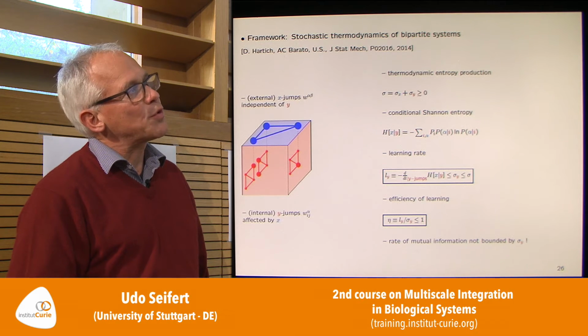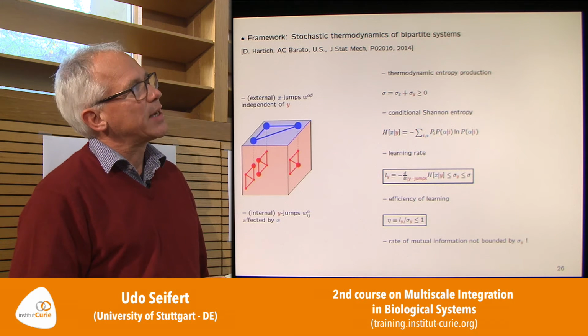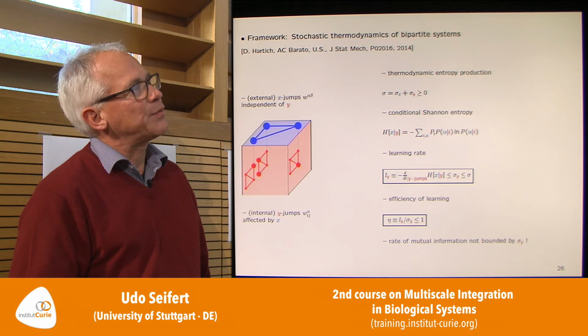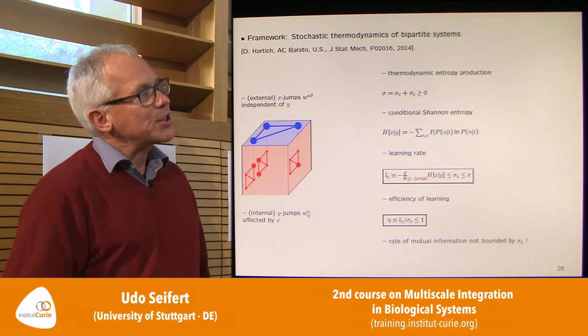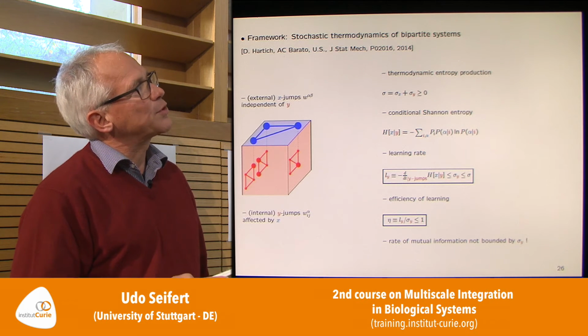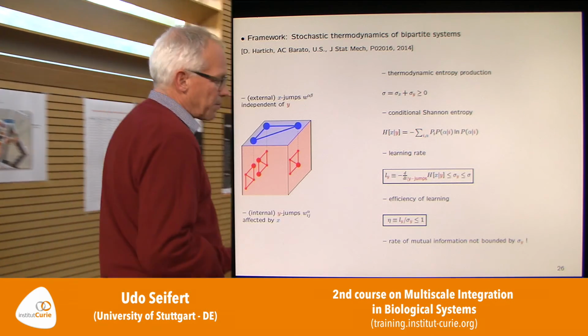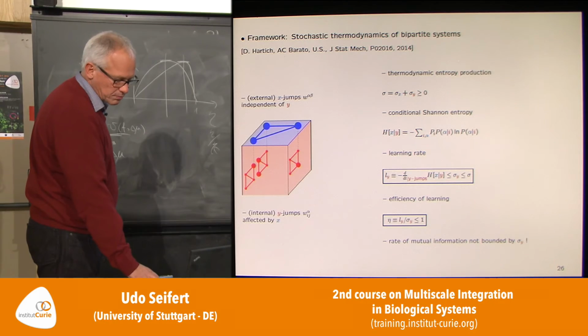And what you can prove is that this learning rate, again, is bounded by the entropy production associated with this machinery. And then you can define an efficiency of learning, which is just the ratio. My initial guess was that the rate of mutual information was bounded by the dissipation or by the entropy production, but that turned out not to be true.